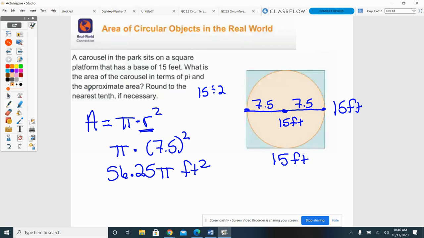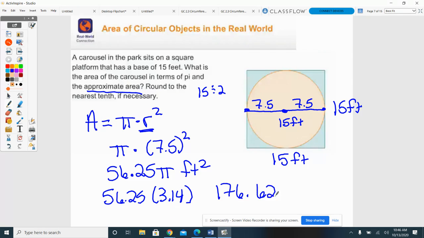If you want approximate, we'll take the 56.25 times pi, which is 3.14, and I get 176.625, but we're only using one decimal. One decimal. So that 2 does not change the 6, so I get 176.6 feet squared as my approximate.